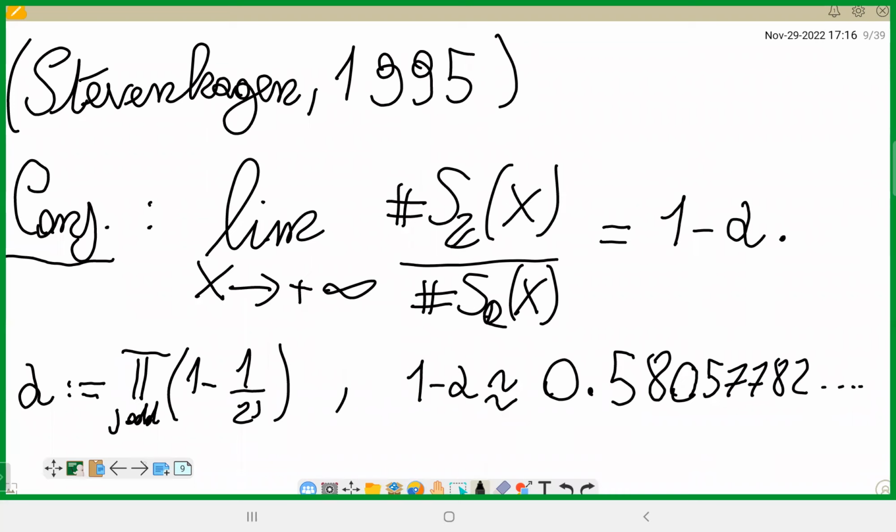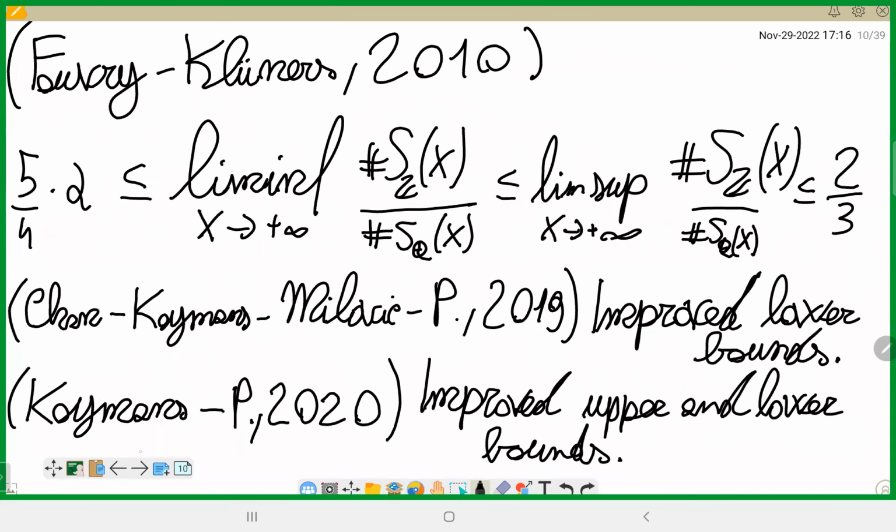So the lower bound situation was finally resolved in a breakthrough paper of Fouvry and Klüners, which was published in 2010. It's a long series of papers. This was one of the applications, starting with some papers in 2000, I think, on the 4-rank of class groups of quadratic fields. And this negative Pell case was also included, and they were the first ones able to prove that basically the size of SZX is at least some multiple of x divided by root log x.